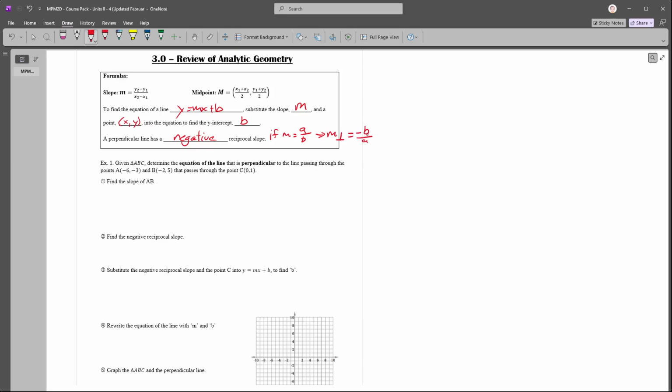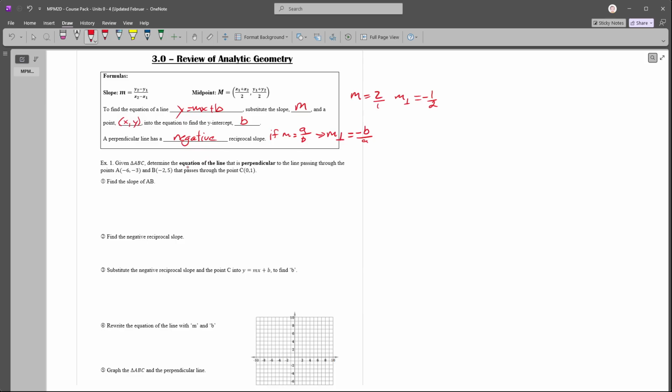So for the negative reciprocal, we flip the fraction. This is going to be really useful, and it's really easy to do once we know it. Now, the one thing you have to remember is sometimes you're going to end up with a whole number. Like, let's say, for example, you get a slope of m is equal to 2. Well, that can be rewritten as 2 over 1. So when we rewrite that as m perpendicular, that's going to be equal to negative 1 over 2. So don't forget that there's always that kind of invisible 1 underneath the whole numbers if we need to. It's going to be very important going forward.